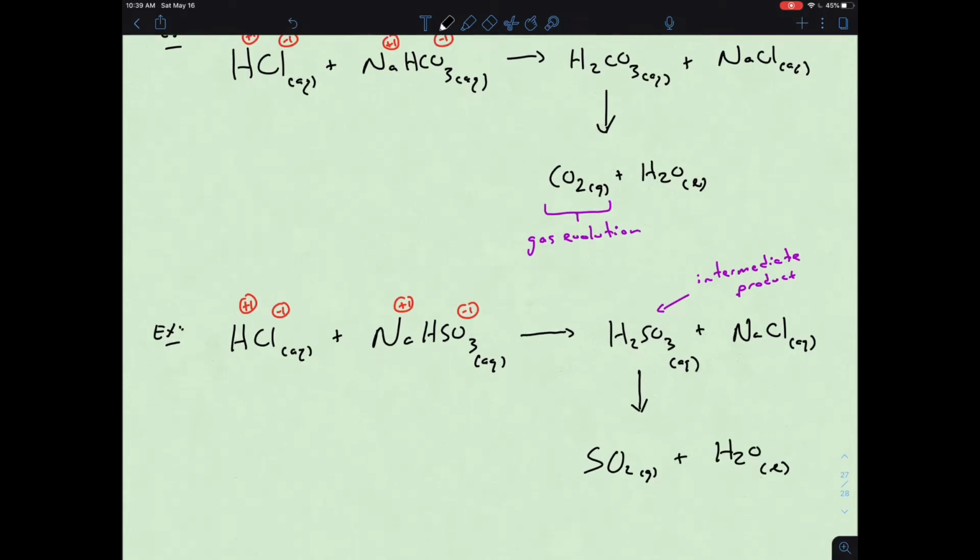Right, so this is our gas evolution. And that would smell like rotten eggs. It's SO2 that you're smelling there. So there's a couple examples of these different types of gas evolution reactions.